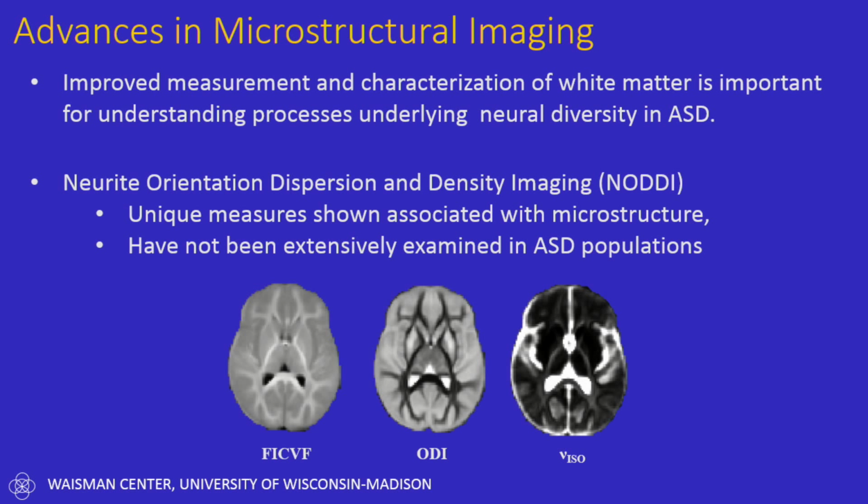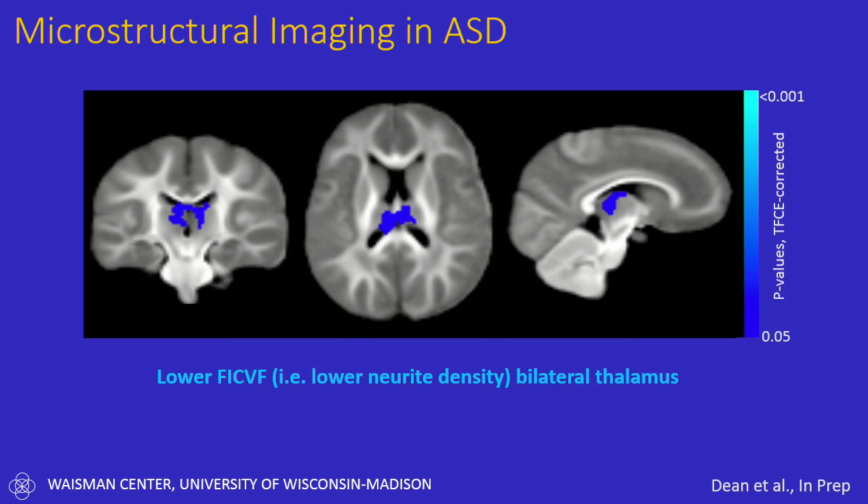It's a unique imaging technique that provides measures associated with brain neurite microstructure, so kind of the axons and dendrites in the brain. This technique is relatively new, and it has not been extensively examined in individuals with autism spectrum disorder. So, like I said, we've been spearheading it, and for the first time we're looking at some of these measures within our local cohort that we've been collecting for the last few years.